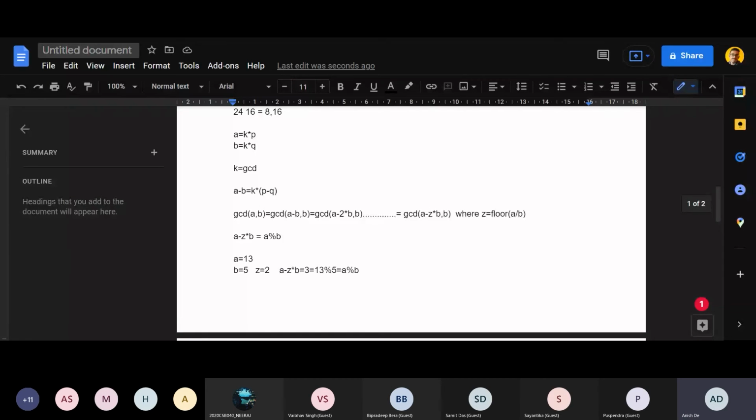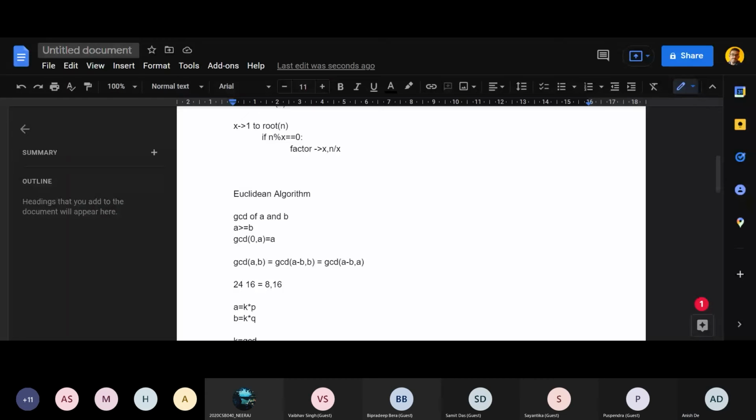You can go to CP algorithms or GFG. There is an algorithm called the extended Euclidean algorithm, used to find the coefficients of a linear equation. I don't think it will be asked in interviews because it has very limited applications. If you want you can see it, otherwise it's fine.